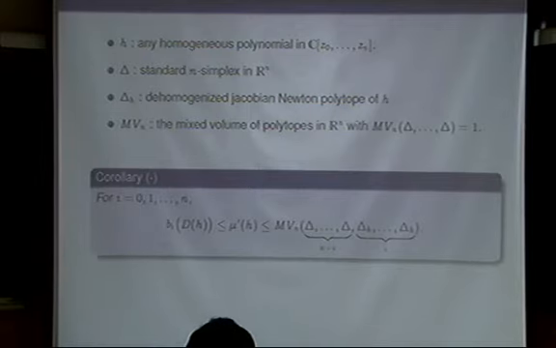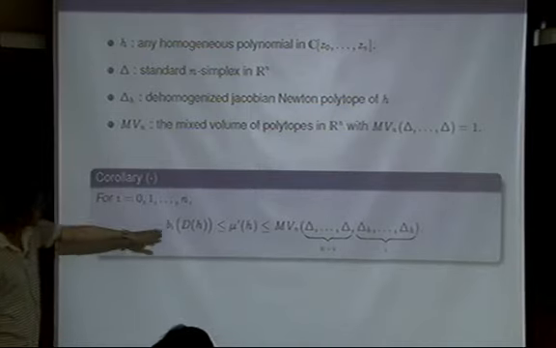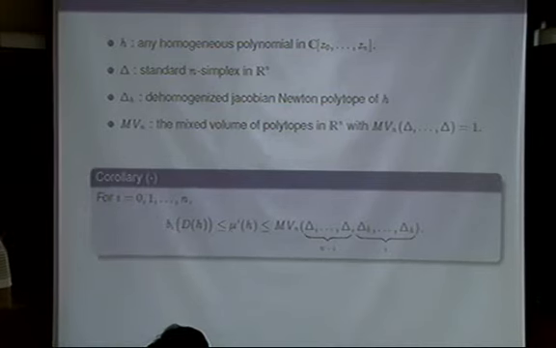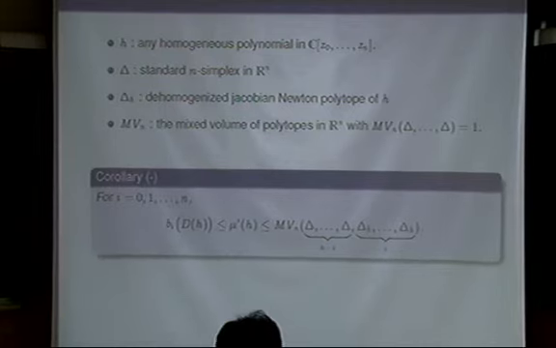That is interesting because the terms on the left are intrinsic invariants of a projective hypersurface. But the term on the right, the mixed volume of the Newton polytope, is not an invariant. It depends on your choice of coordinates.